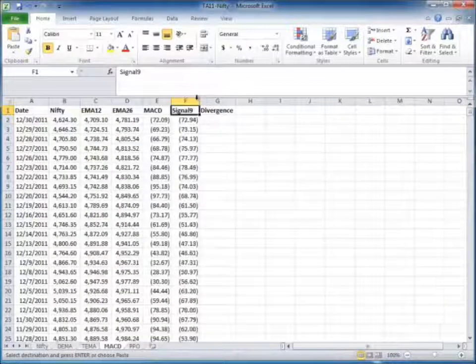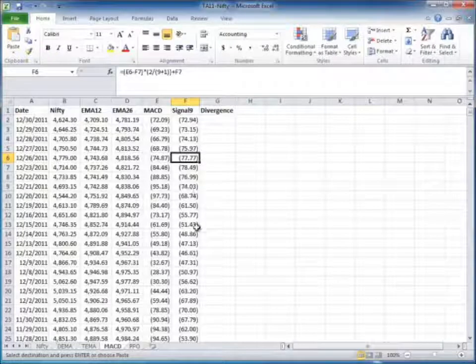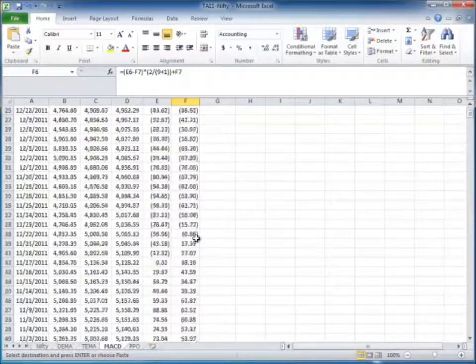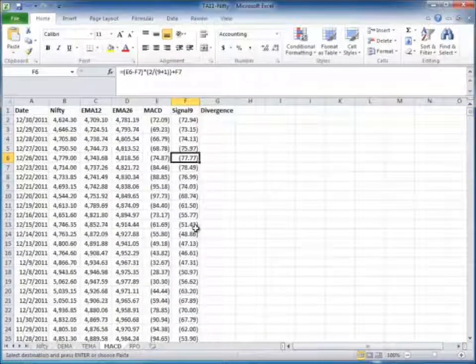So I'll expand that so you can see the values, and then this becomes the value of the signal line, or the EMA of the MACD line.